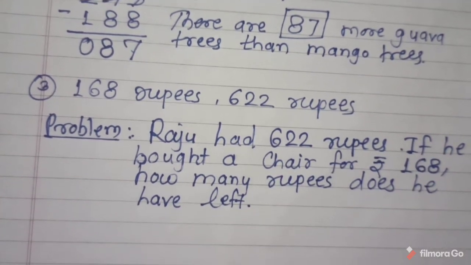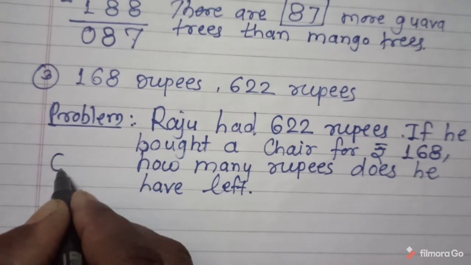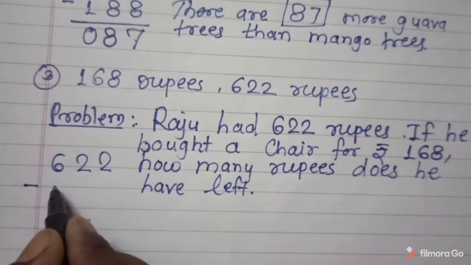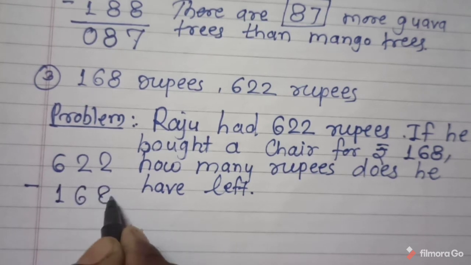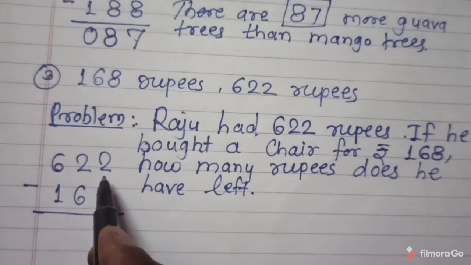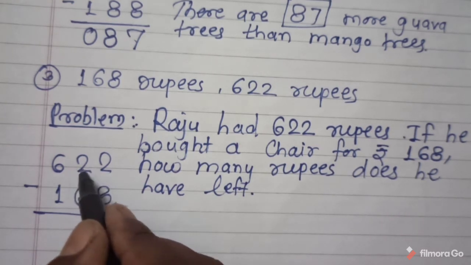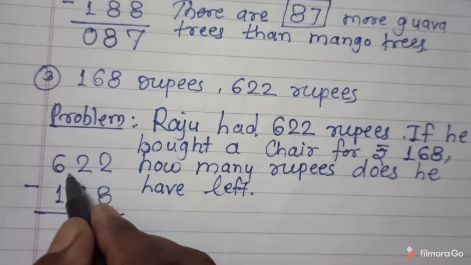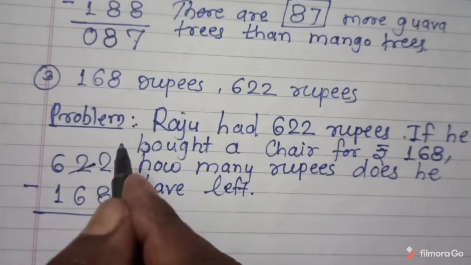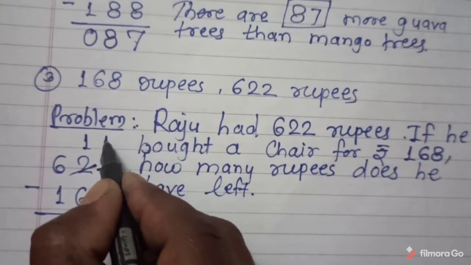Let us solve this. Now here 622 minus 168, and find the answer. In the ones column we have 2 and 8. We cannot subtract 8 units from 2 units, so take from the tens. 2 becomes 1 and the 2 becomes 12.